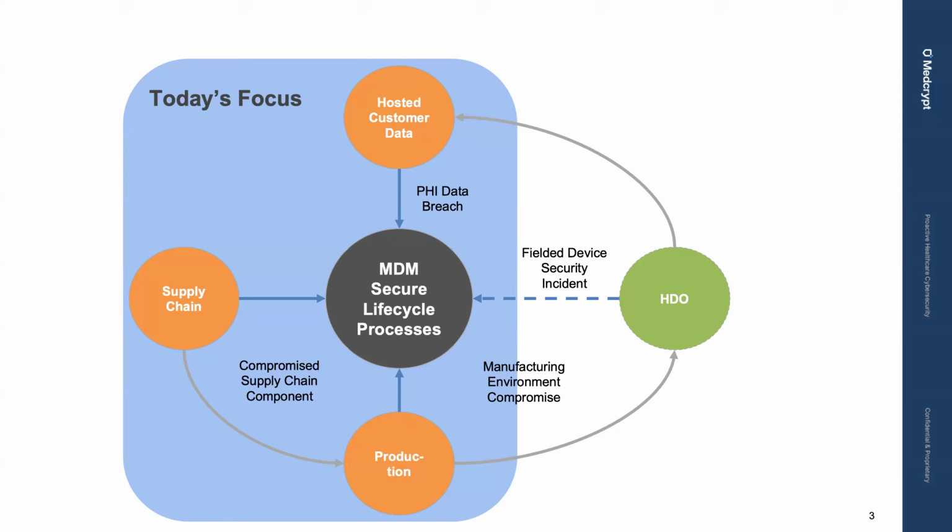That's one scenario we're going to discuss. It may impact your production or manufacturing environment. That's another scenario we're going to discuss. And then lastly, it may impact hosted customer data that you may be hosting under contract with your customers. And we'll discuss that as a third scenario.